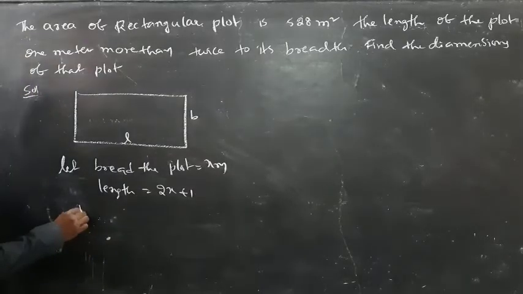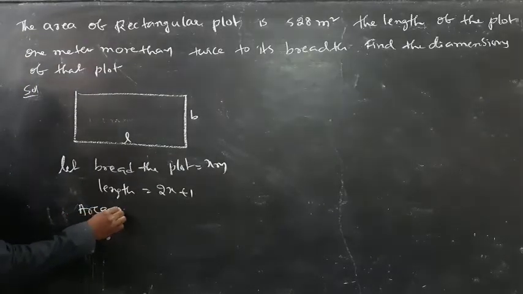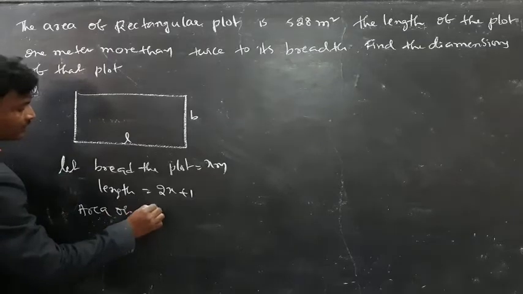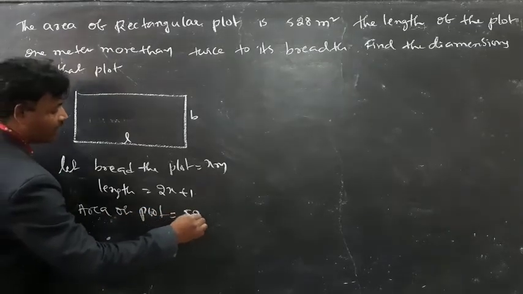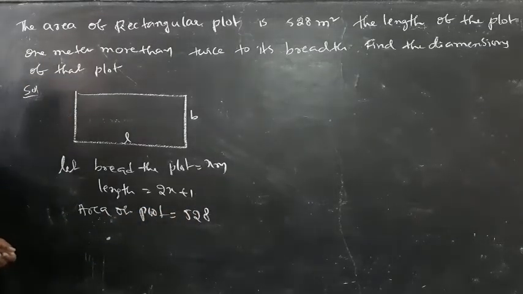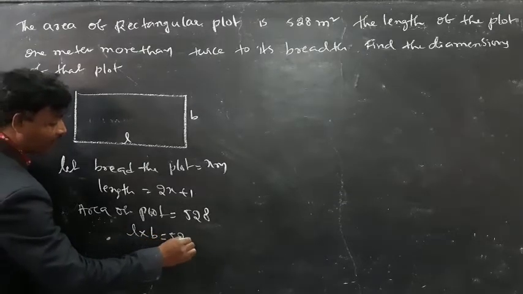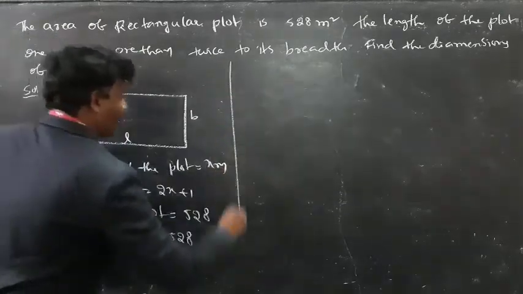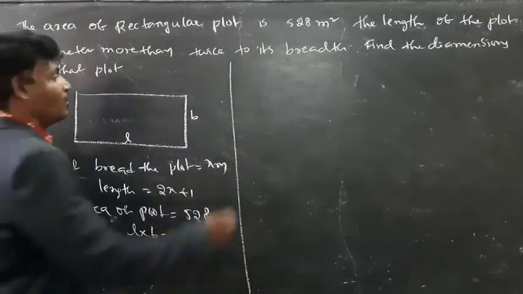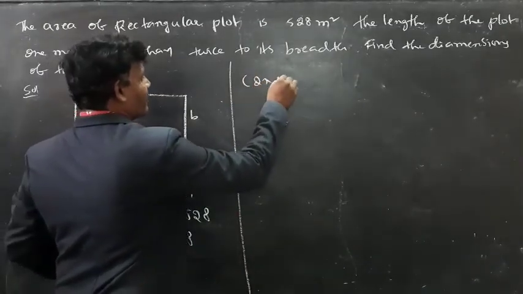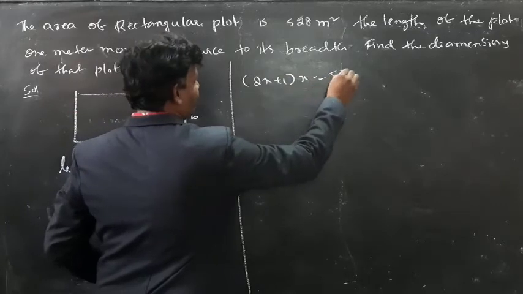And what is the area given? The area of the plot is 528. The formula for the area of a rectangle is length into breadth equals 528. Here the length is 2x plus 1, so (2x plus 1) into x is equal to 528.